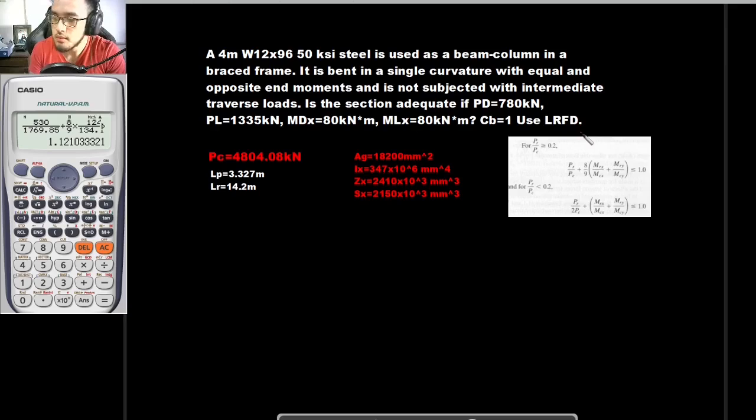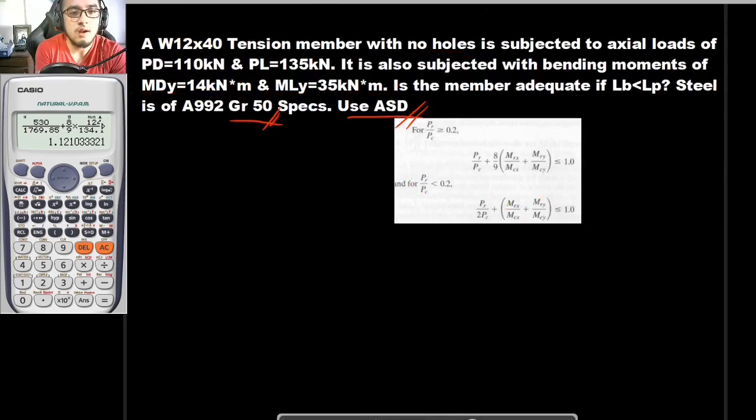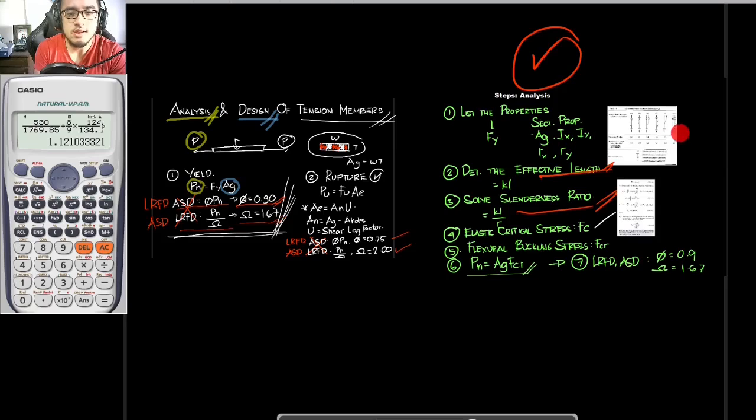Okay, so paano ba tayo magsimula? By the way guys, meron na pala tayong PC, no? Sinolve na to beforehand para lang mas maiksi yung time natin. But for example, na hindi nyo pa nasosolve to, you would be watching our previous pre-recorded lecture about this, yung analysis natin ng compression member.